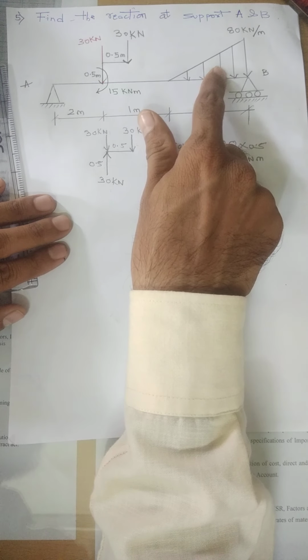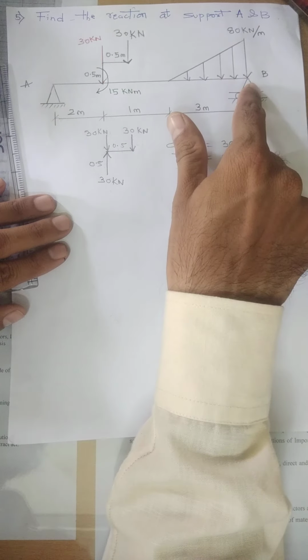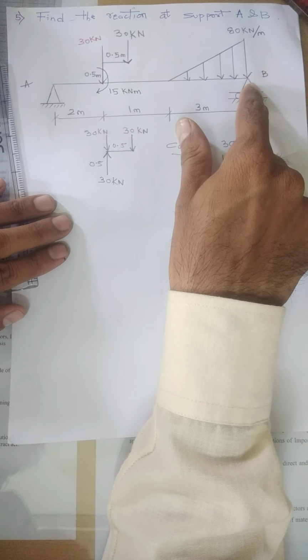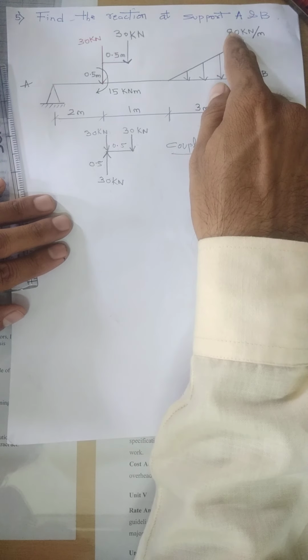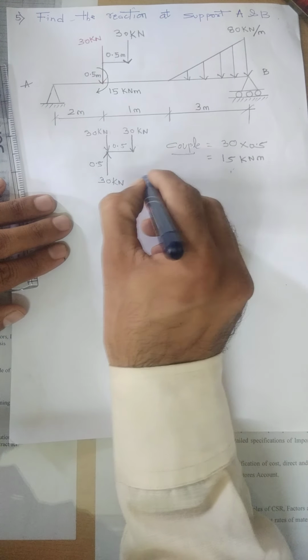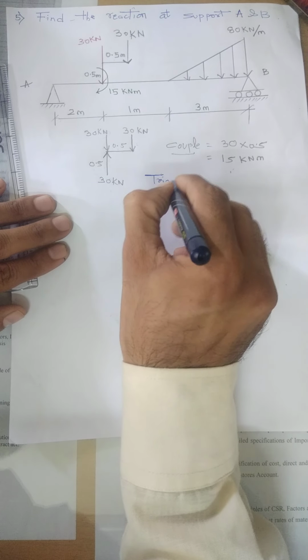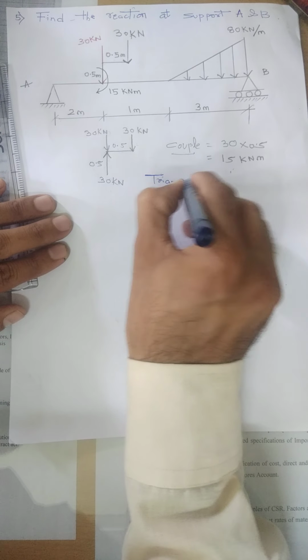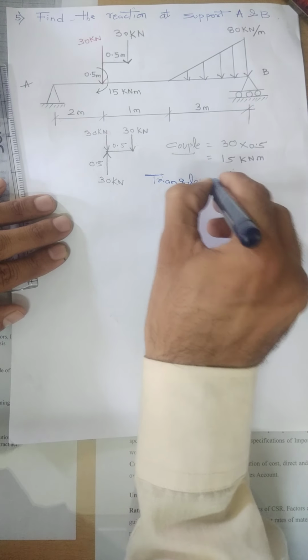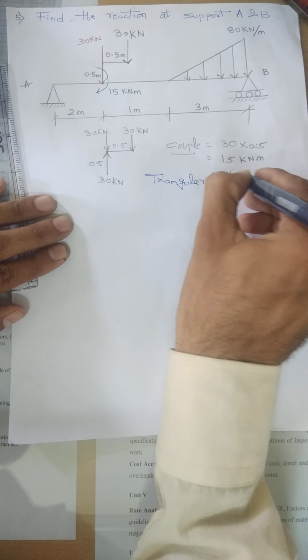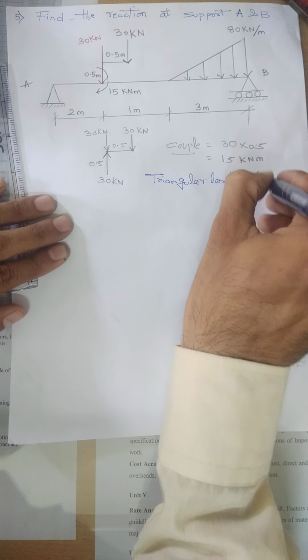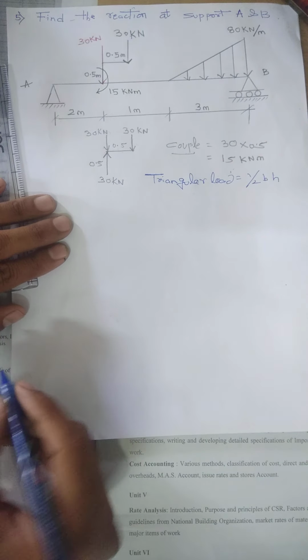Again, what about this 80 kilonewtons per meter? It is a UVL, and it acts at the CG. What should be the intensity for this 80 kilonewtons? So I am writing down the formula for triangular loading: half into base into height.